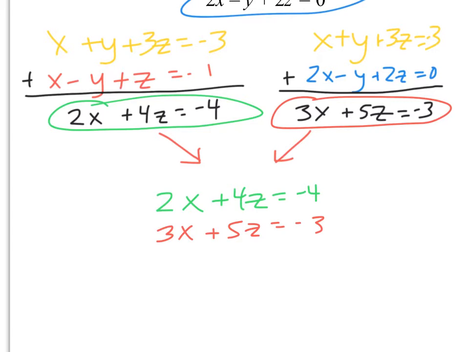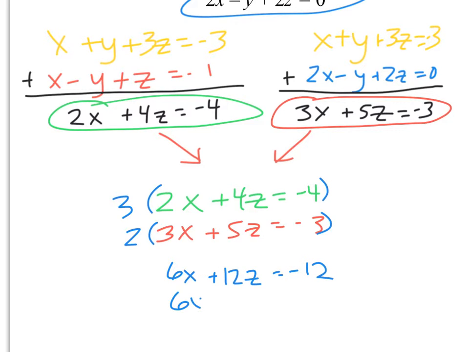And we have to solve it old school. So I'm going to multiply my first equation by 3 and my second equation by 2, and I'm going to need to change signs. So I get 6x plus 12z equals -12. 6x plus 10z equals -6, and then I need to change all the signs in one equation, so I'll use the second equation.